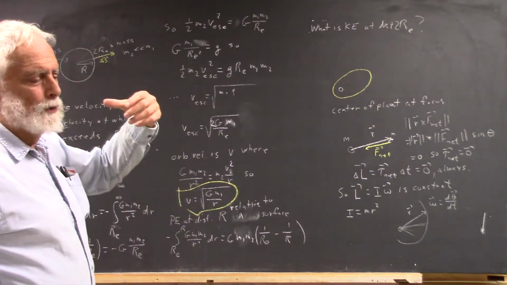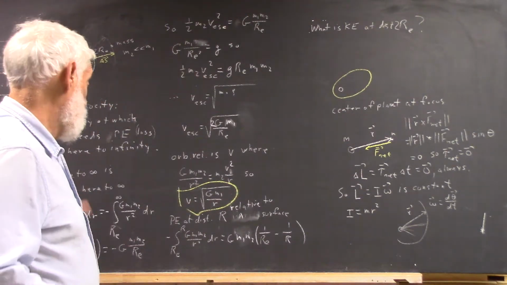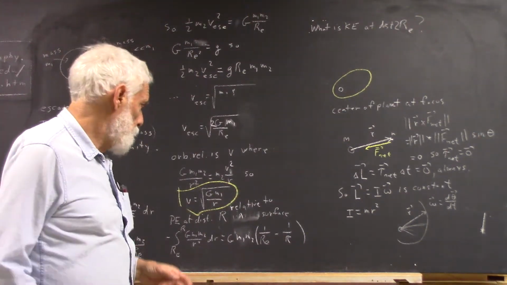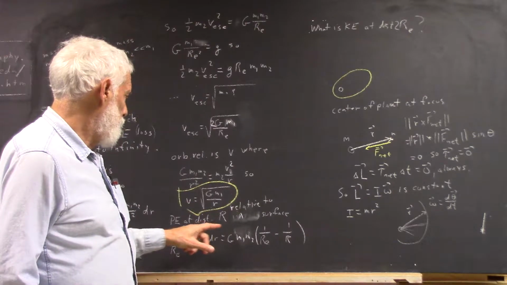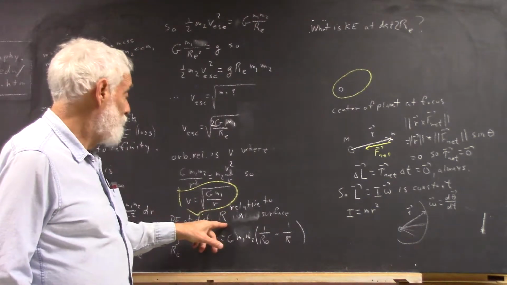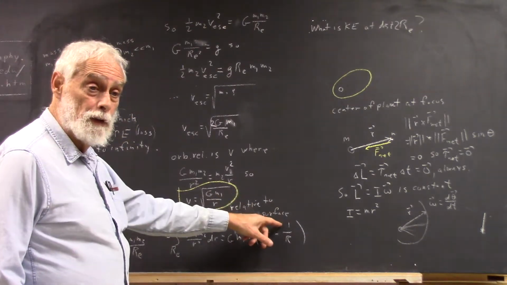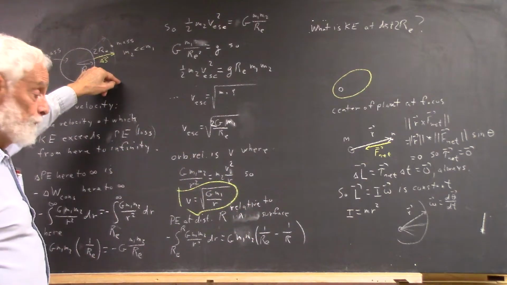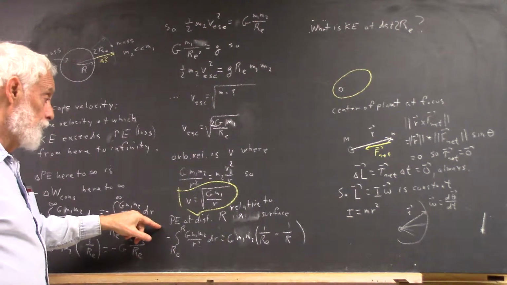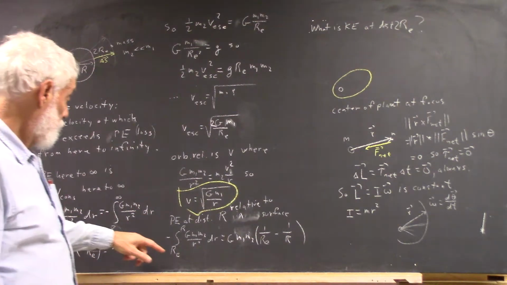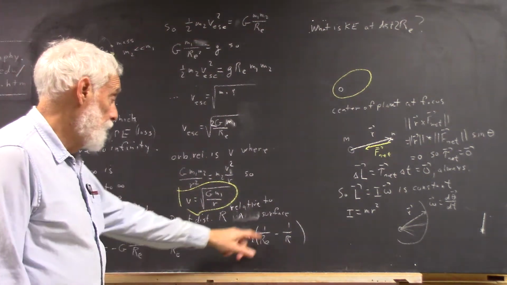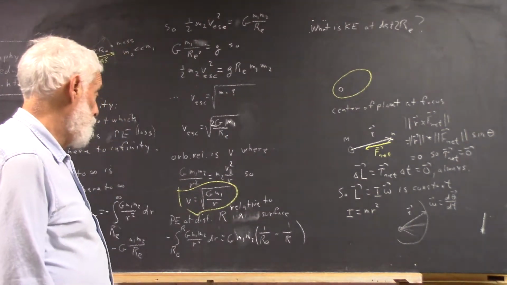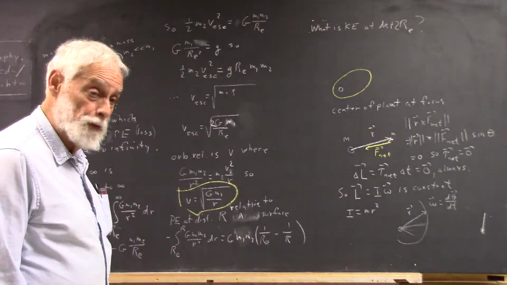Relevant to circular orbits, or actually any orbit, what's our potential energy at distance r relative to the surface of the planet? Okay, so if we go out to distance r, what's our potential energy relative to the surface? Well, we can do the integral, and we find that there's our potential energy at distance r relative to the surface.